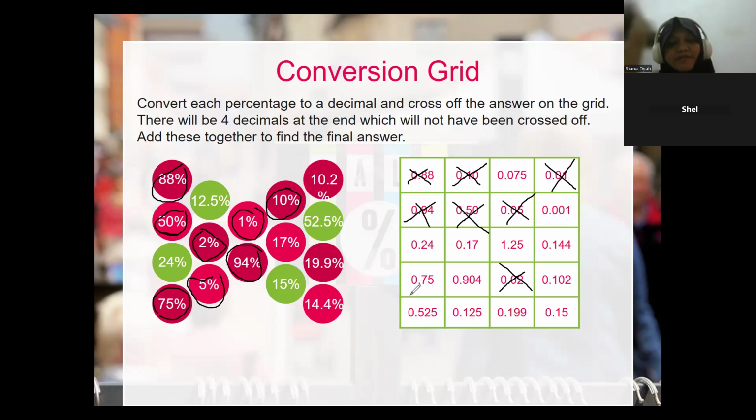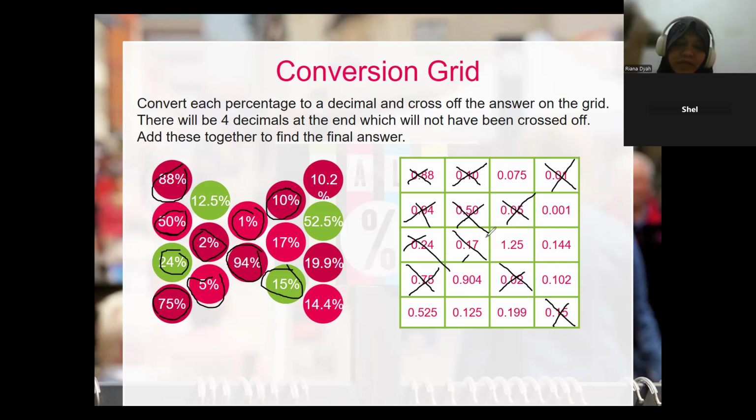Yes, 0.75. 15%. Is there any 15%? Yes. 0.15. Good. Next. 24, maybe. 0.24. Yes, 0.24. What about 17? 0.17.